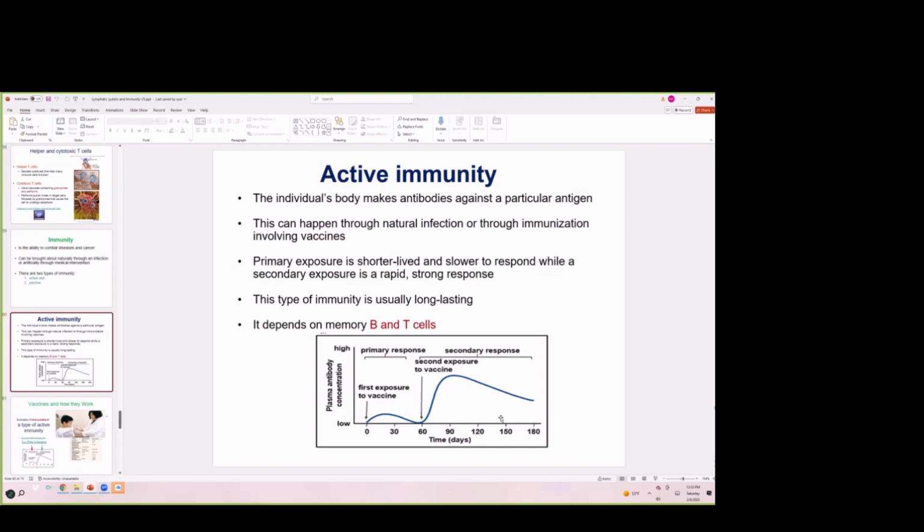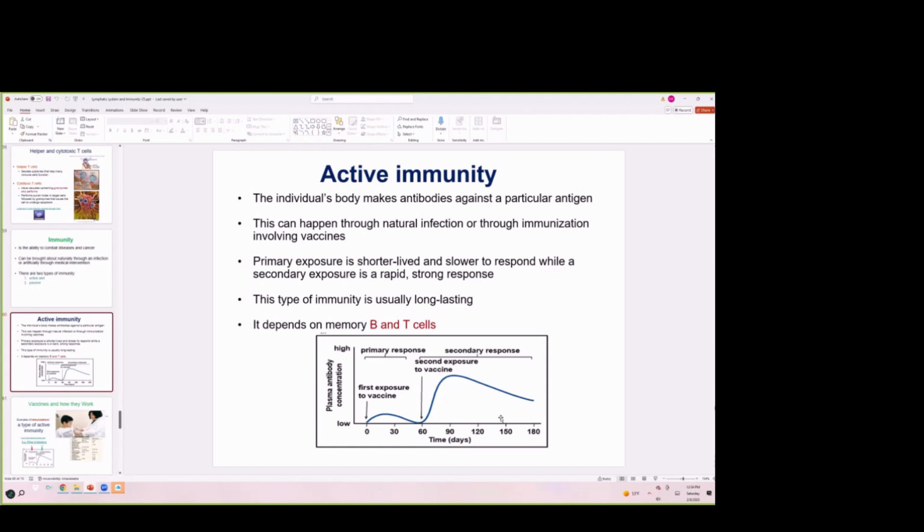That way, in the future, should you have an encounter with that pathogen, as it is struggling to divide and overwhelm your system, because you have memory cells present already, they would respond even faster and overwhelm the pathogen. When we get infected with pathogens, it's a fight. The pathogen is trying to divide as fast as it can, and our immune system is trying to respond as fast as possible.